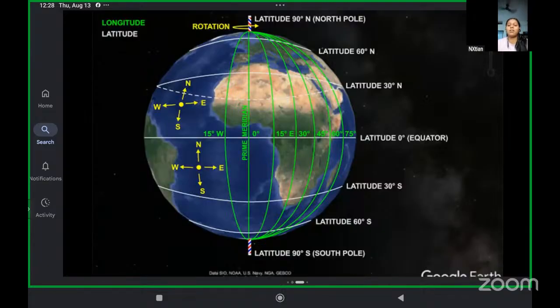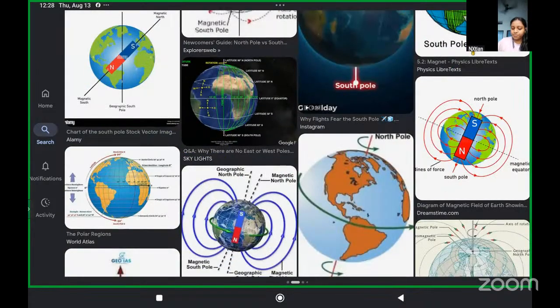Our India falls in the centermost zone, and that is why we have very hot summers. I'll show you one image about the zones also.